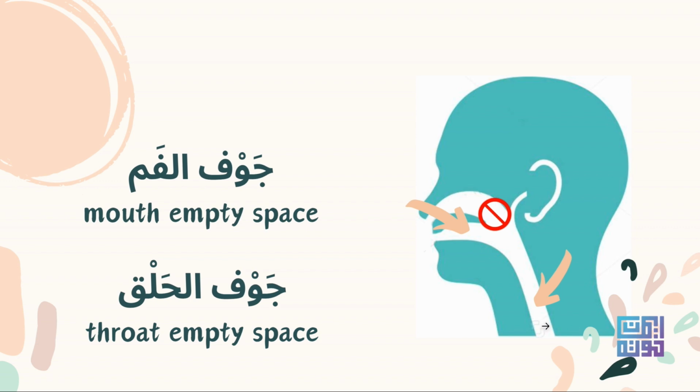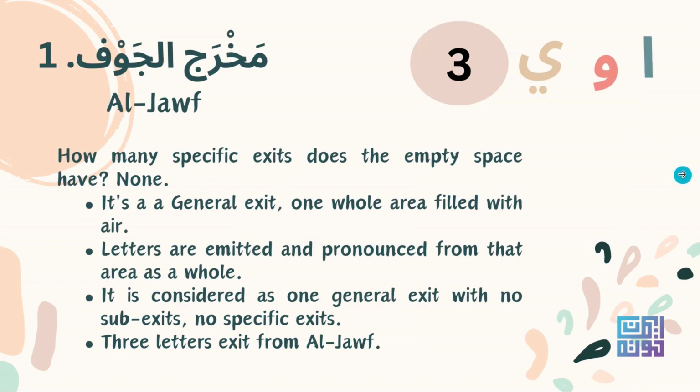It does not exit from a specific place. And also if we say boo, this elongated waw is pronounced from this whole empty space area. And the same with the letter ya. When we say bee, it just runs in this whole empty space.